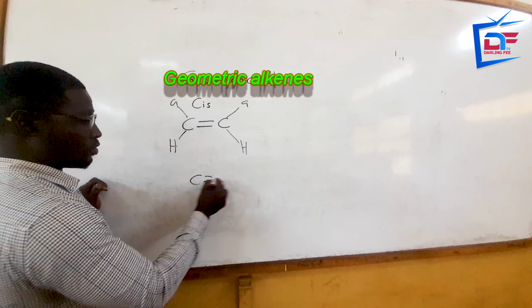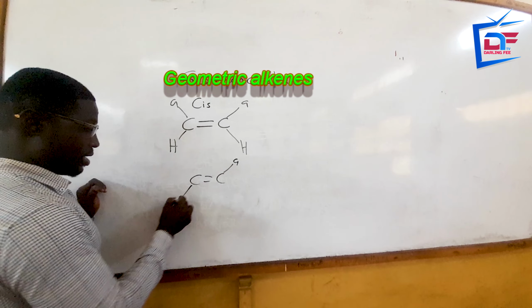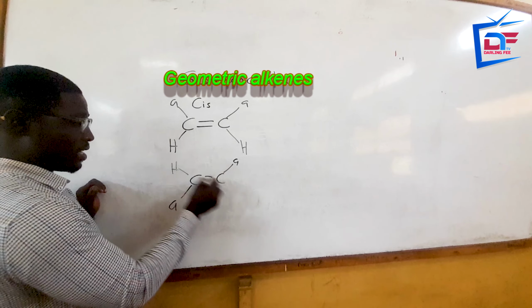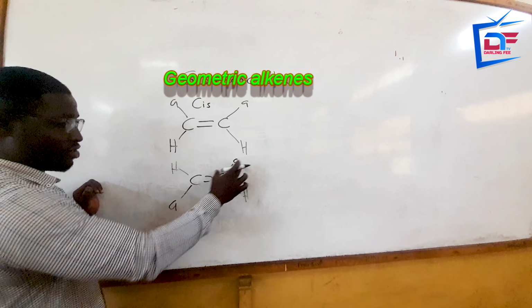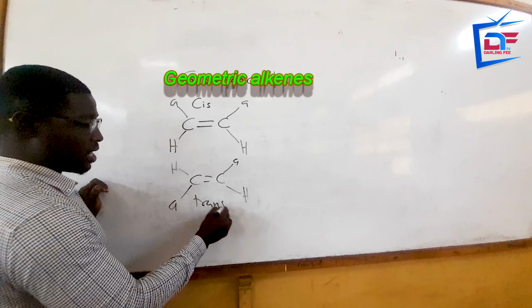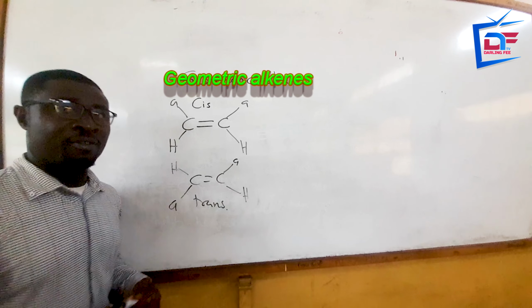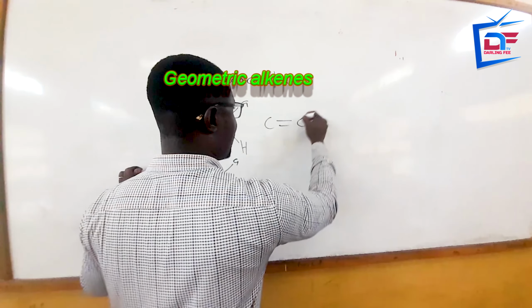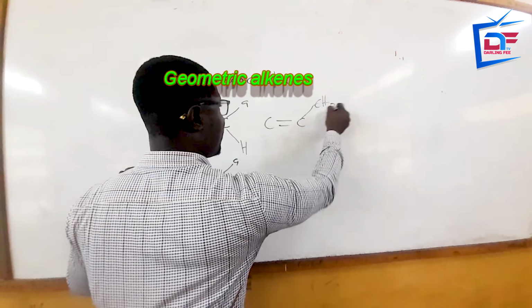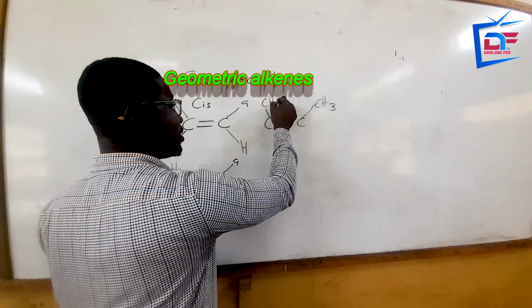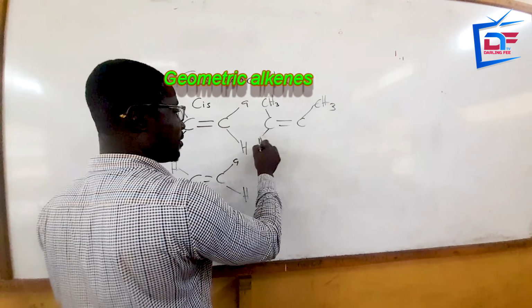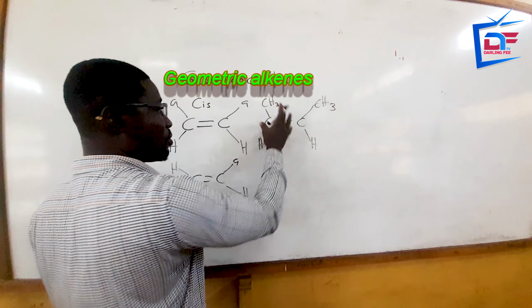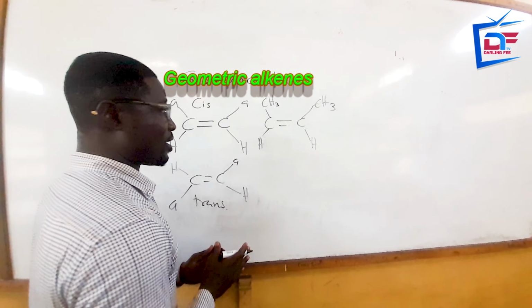But if I change this one to CH3, down here CH3, that is going to give me an E, a trans. So how do we name this when you have a Z and a trans? A typical example is this. CH3 here, CH3, that is H. So with this one, it is the same number of carbon atoms that we have.